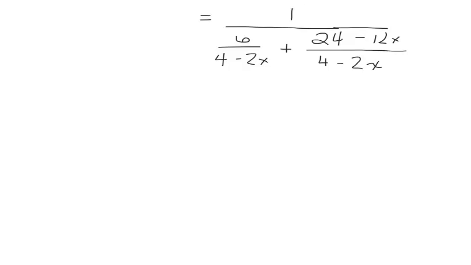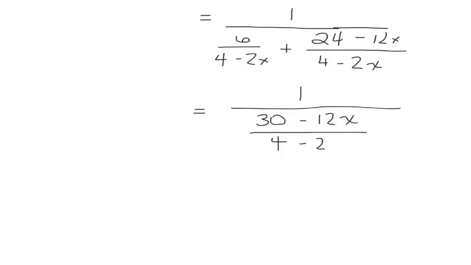And now we can go ahead and add up our fractions in the denominator. So we get 1 over 6 plus 24 will give us 30 minus 12x all over 4 minus 2x. So we have a division of two fractions. We're going to multiply by the reciprocal, and that's going to give us 4 minus 2x all over 30 minus 12x.